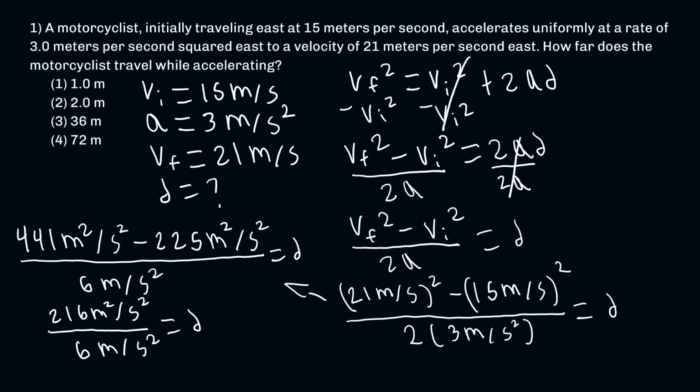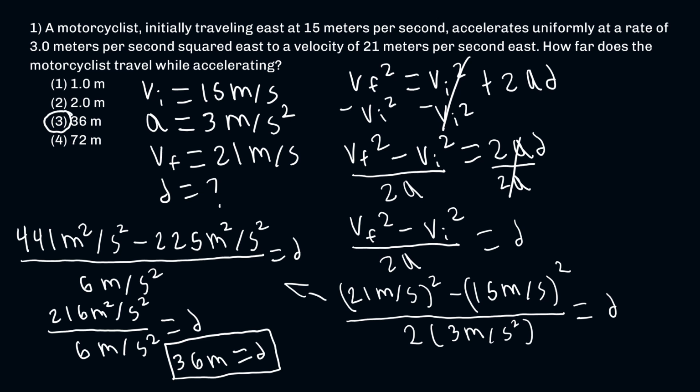That is equal to my displacement. Then do 216 over 6, and I'm going to end up with my displacement, or my distance traveled, being 36 meters. So that is answer choice 3.